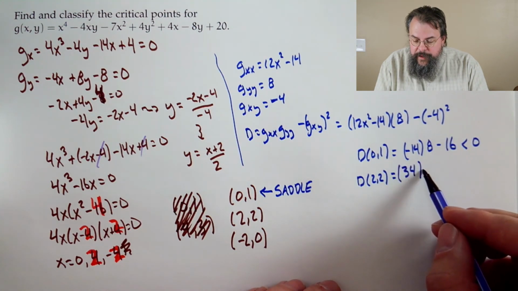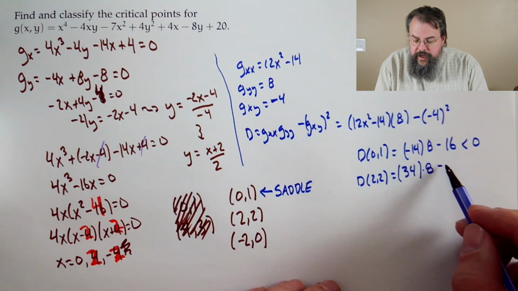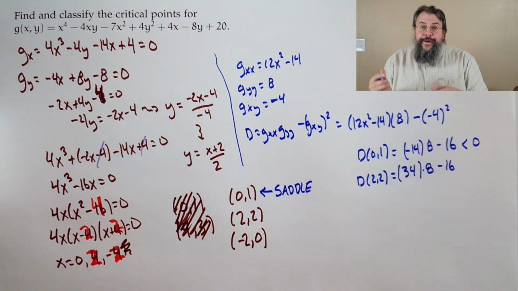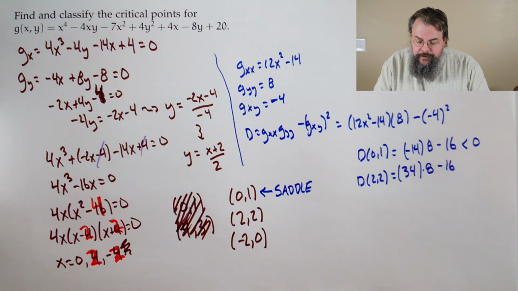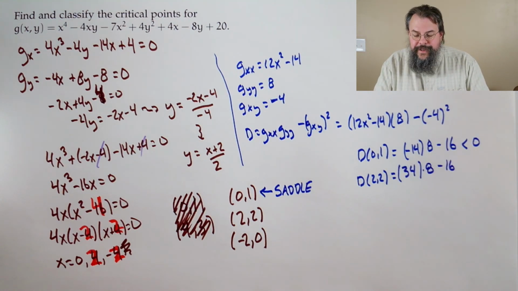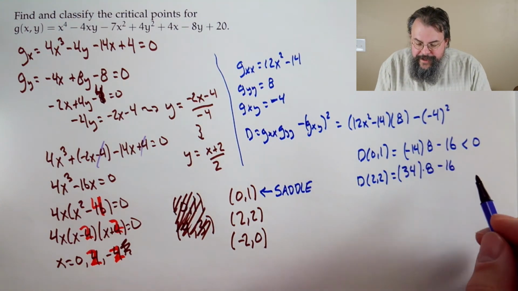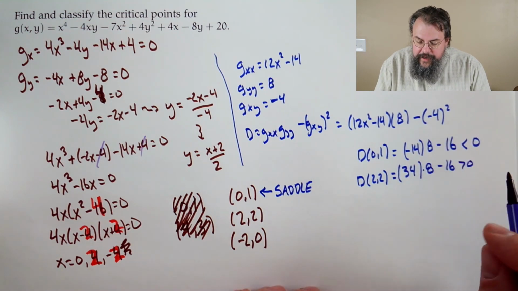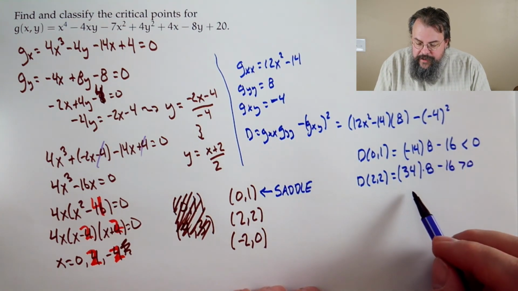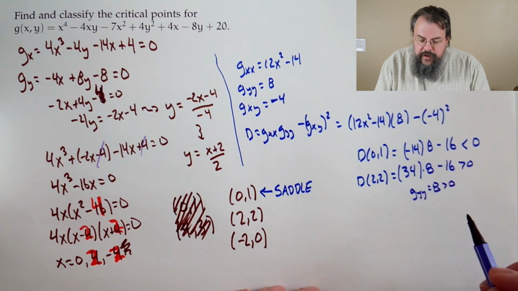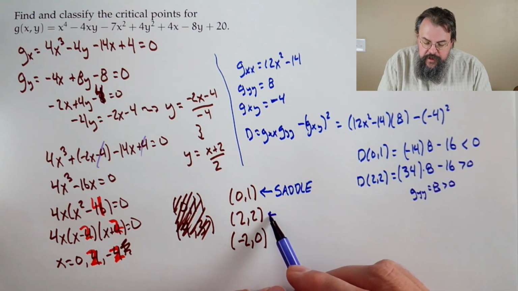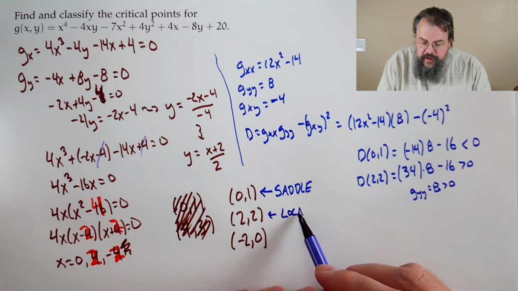And then we're going to times it by 8 and subtract 16. Well, what's true? It's positive, right? Yeah, it's positive. And we see, aha, our Gyy, which is 8, is positive, which means that this point is a local min.